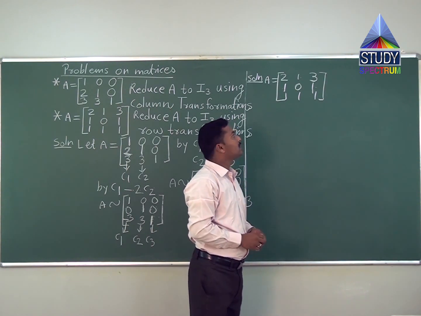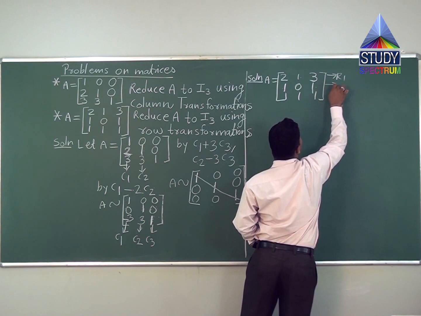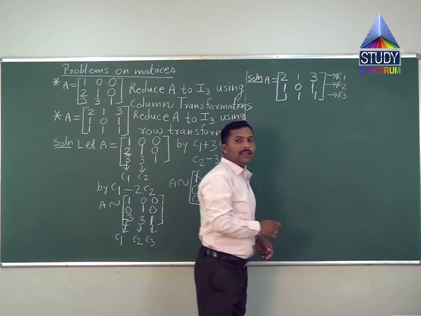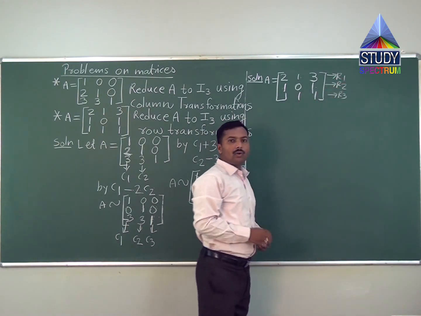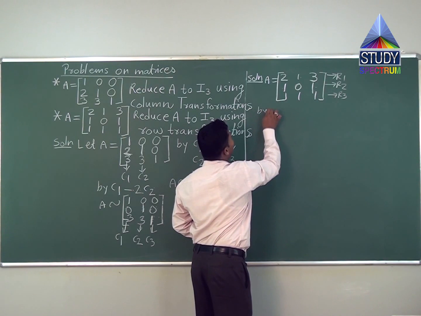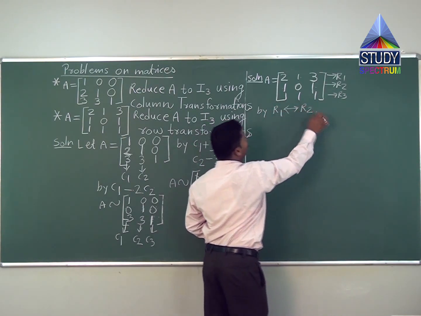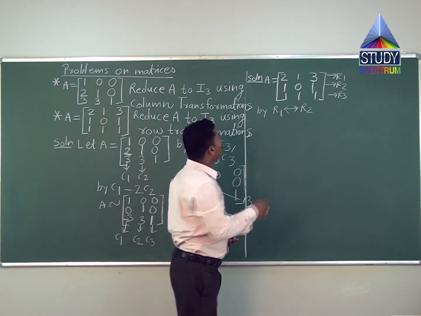So we interchange. This is the first row R1, this is the second row R2, and this is the third row R3. We interchange first row R1 with second row R2, R1 interchanged with R2.